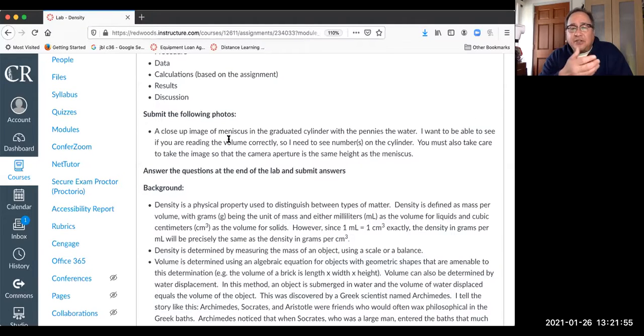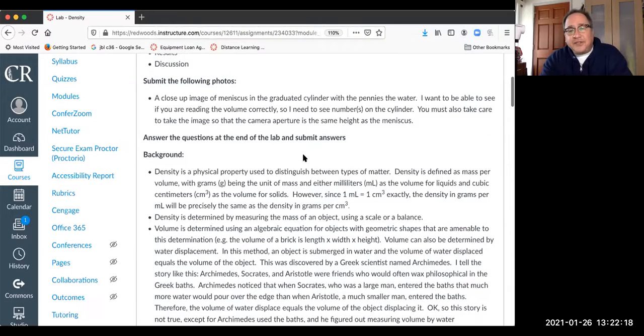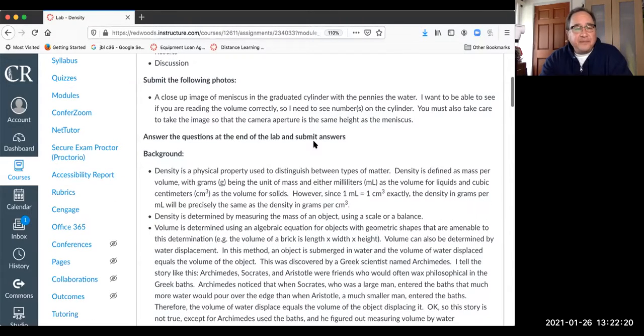This is just so that I can see that you're reading the volume correctly. That means I'm going to need to be able to see the numbers on the side of your cylinder also. And you have to be careful to make sure that the camera is at the proper height. We talked about that with the ring that goes around the cylinder at every 10. And you want to answer the questions at the end of the lab and submit answers.